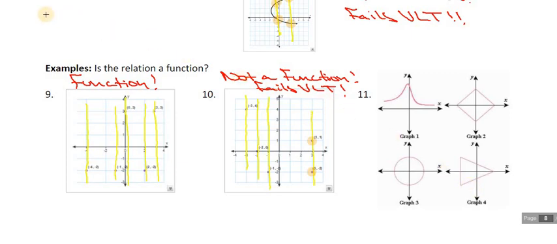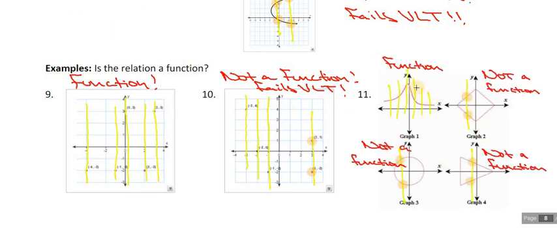What's my function situation? All right, and hopefully you have determined that only graph 1 is a function because it passes the vertical line test. Graphs 2, 3, and 4, we have vertical lines that hit at more than 1 point, therefore they are not functions.